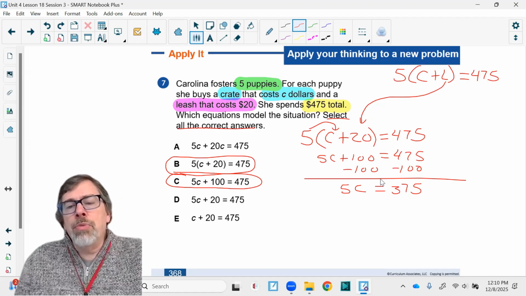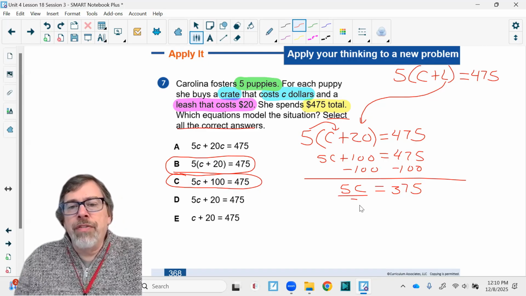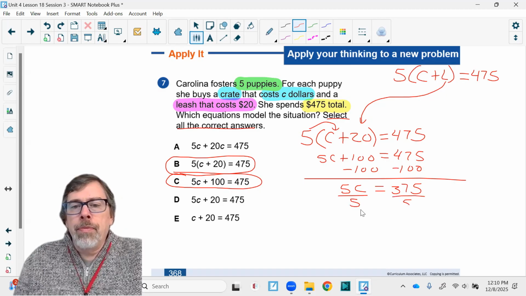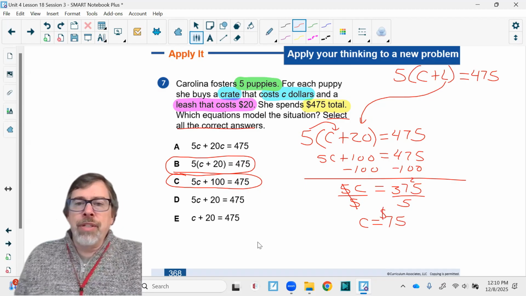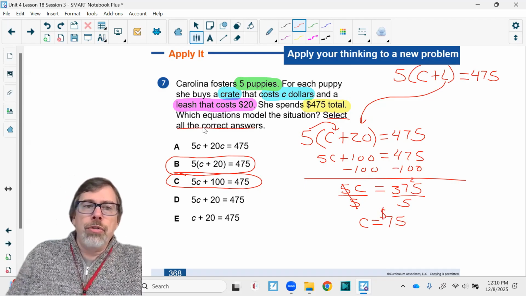So $100 went towards leashes and the remainder went towards crates. If I divide by 5, I find out how much 1 crate costs. 5 goes into 37 7 times with a remainder of 2, and 5 goes into 25 5 times. So they didn't ask, but the crates were $75 each.